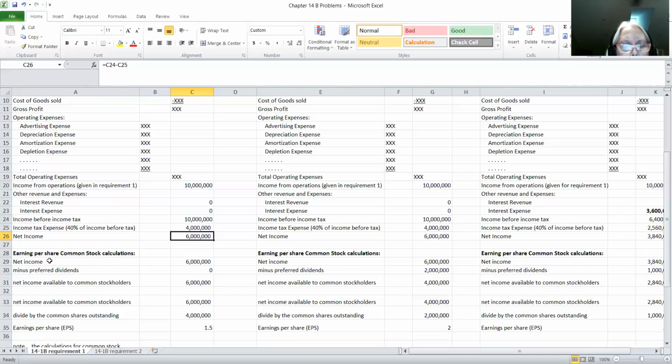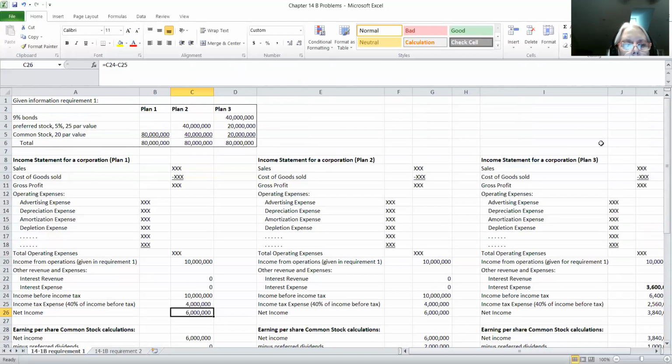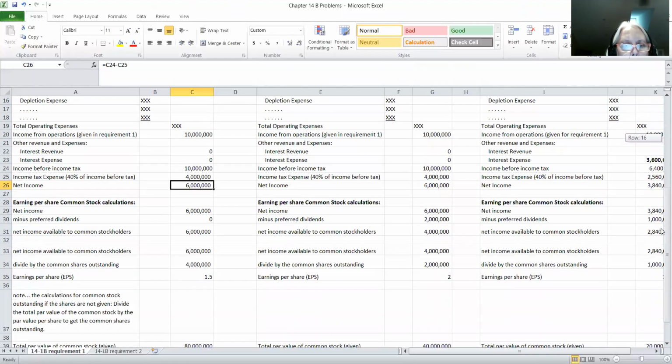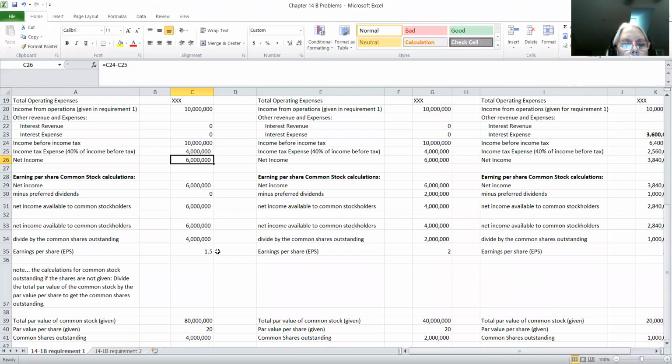Notice our earnings per share is calculated based on common stock, not preferred stock. So because in this plan there was no preferred stock that was issued, we don't have any preferred dividends, and so the 0 here is because there were no preferred dividends in plan number 1.